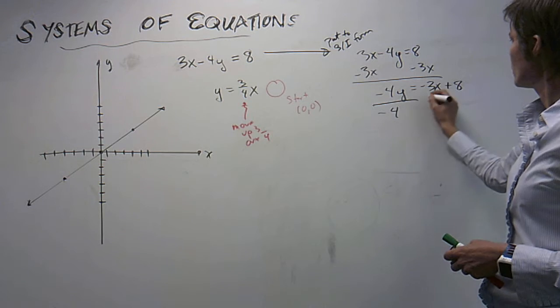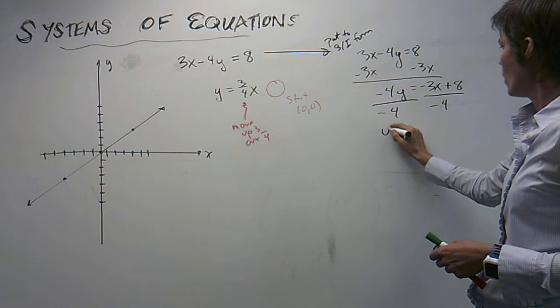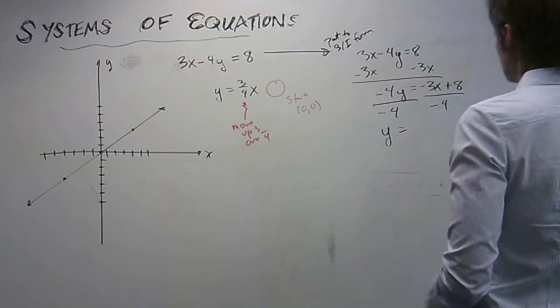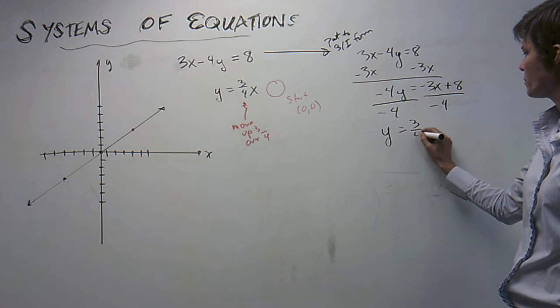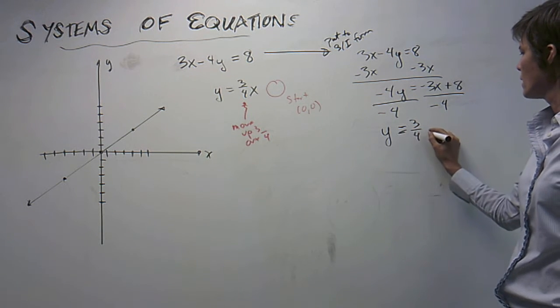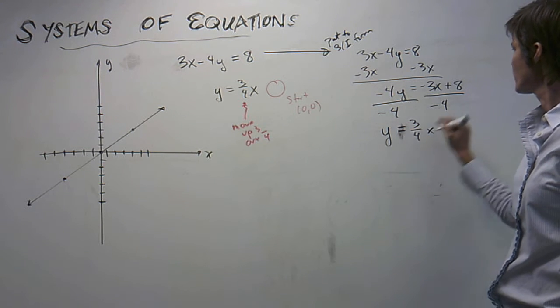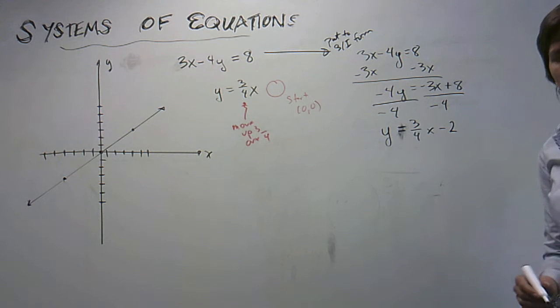Divide by negative 4, remember, divide everything. Y equals negative 3 over negative 4, which is positive 3/4 x, minus 2. Positive 8 divided by negative 4 is negative 2.